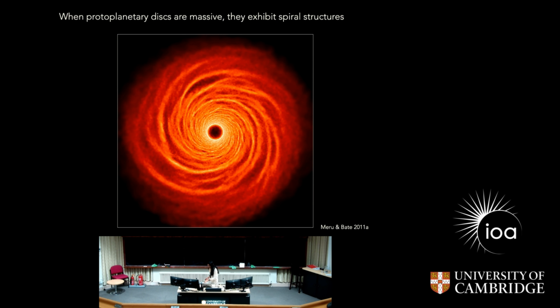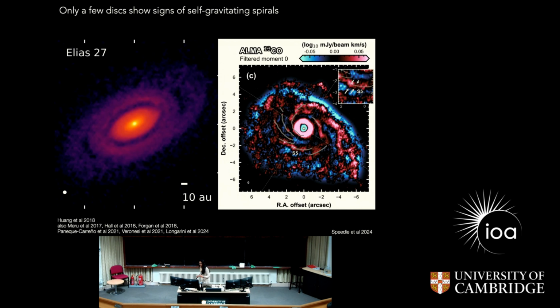Now, we're at a stage where, with ALMA, we're starting to be able to really observe disks and try to understand their structure and the causes of that structure. Here are a couple of examples which are thought to be self-gravitating disks.